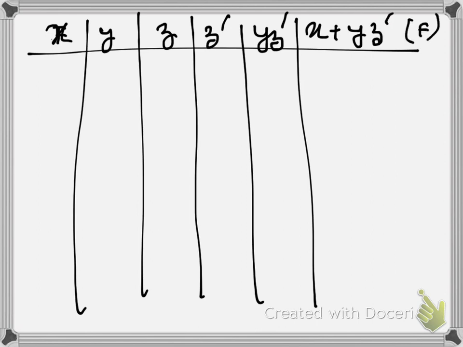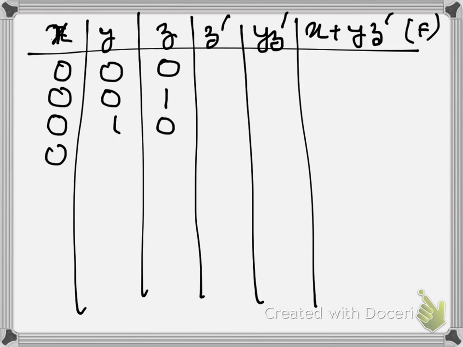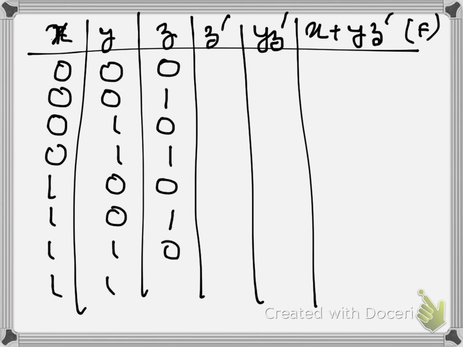So with three variables, I have 8 combinations: 0 0 0, 0 0 1, 0 1 0, 0 1 1, 1 0 0, 1 0 1, 1 1 0 and 1 1 1. So here the z dash column will fill up first. So z dash would be 1, 0, 1, 0, 1, 0, 1, 0.